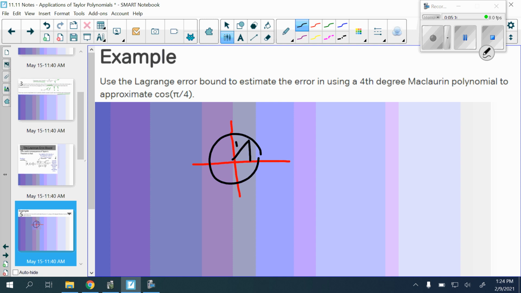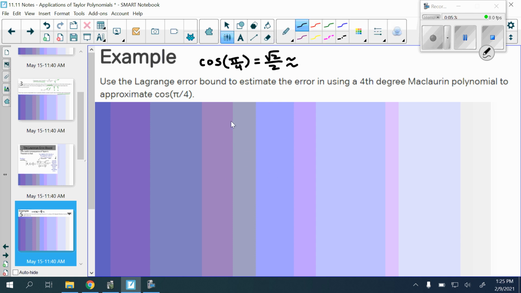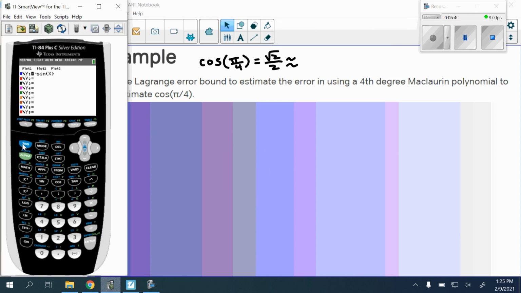So this side would be square root 2 over 2, and this is also square root 2 over 2. So cosine, which is the adjacent side, of pi over 4, the exact value is square root 2 over 2. Let's hop on a calculator and approximate that out.